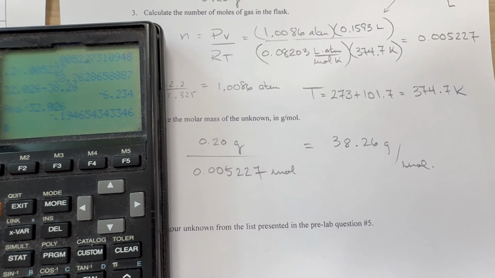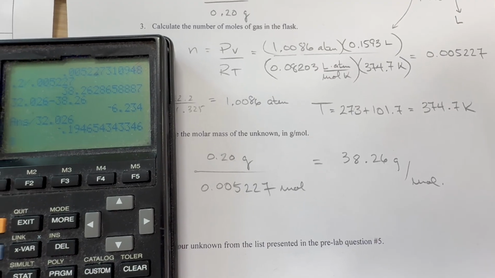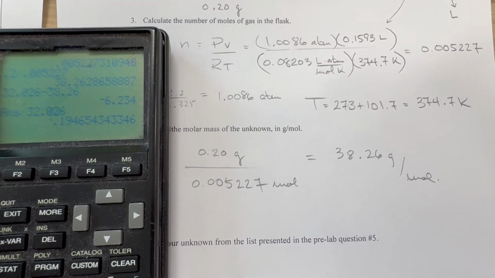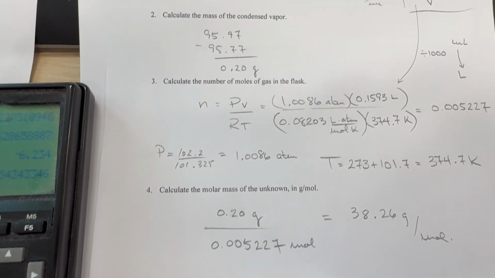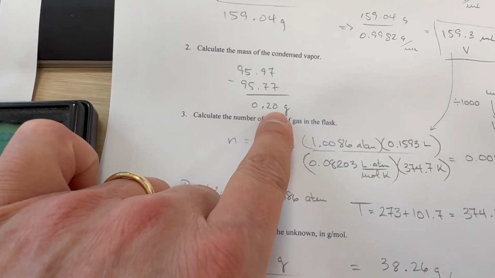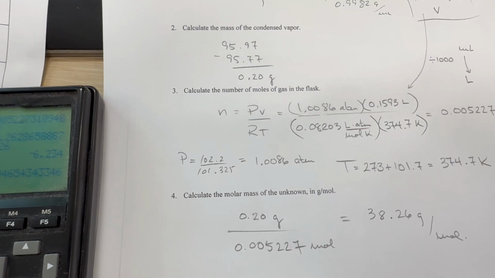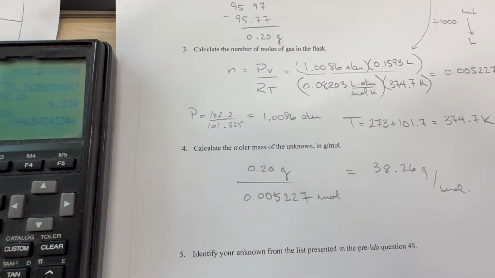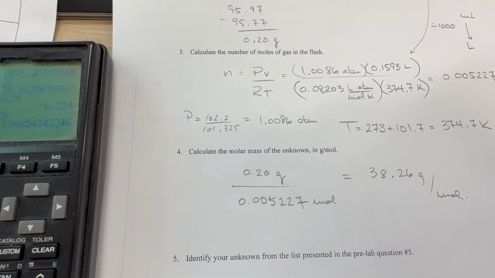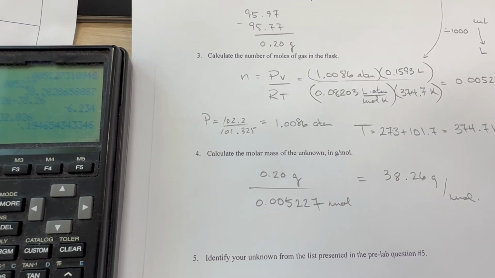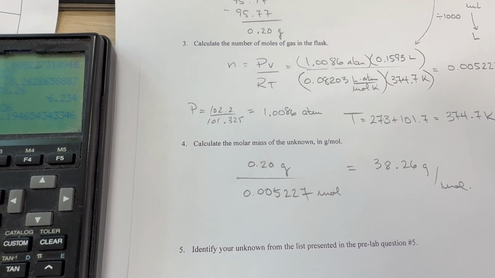So we have a value of 38.26. Again, it should really be two significant figures, right? Because our mass value is 0.20, so only two significant figures. So we have 38 grams per mole, and we should have gotten 32 grams per mole.